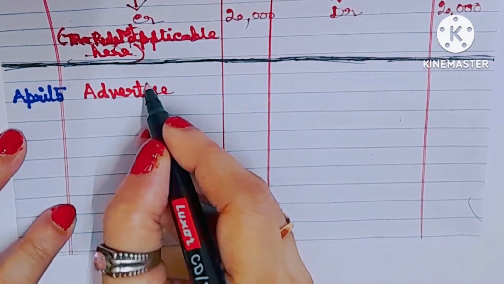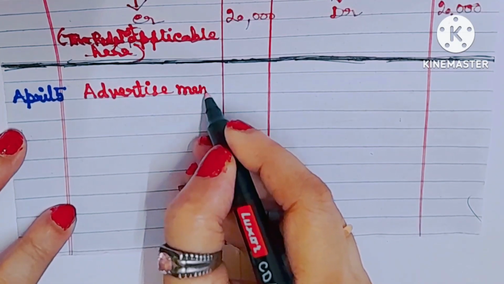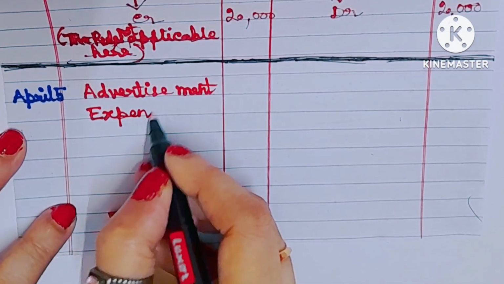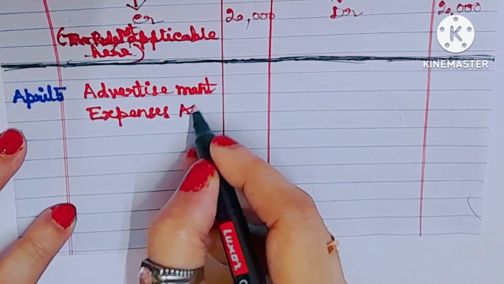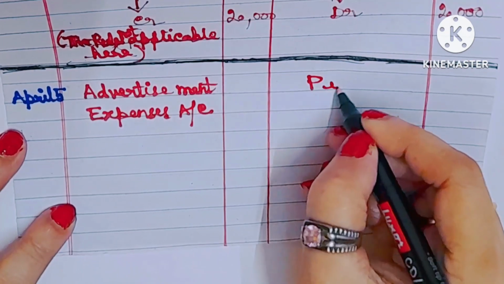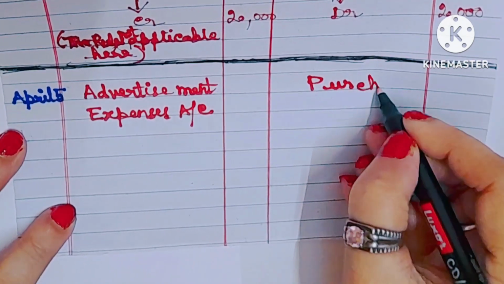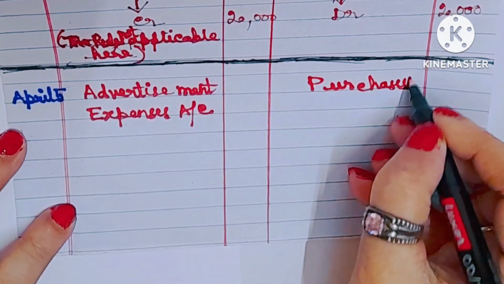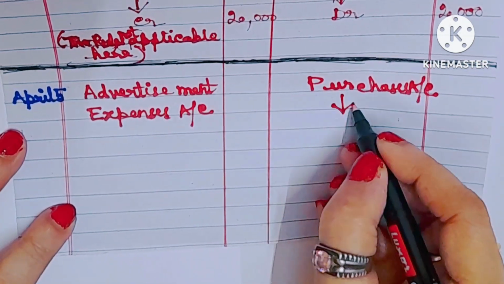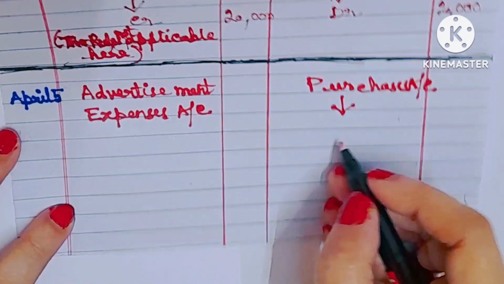Advertisement expenses account. Understood? And another account will be purchases account. Understood? So purchases come under nominal account.